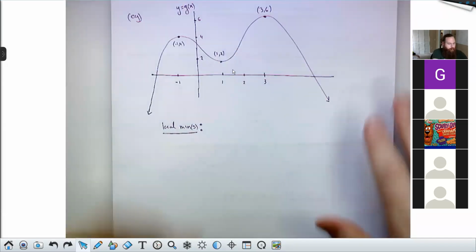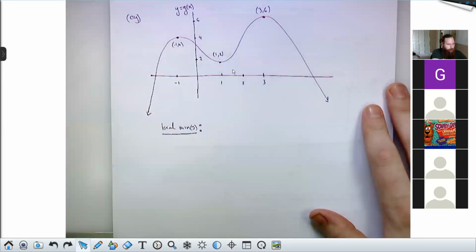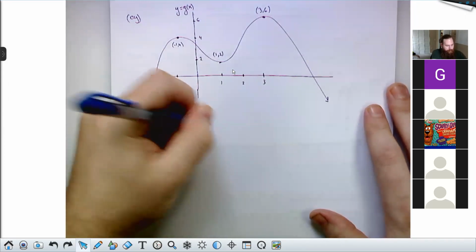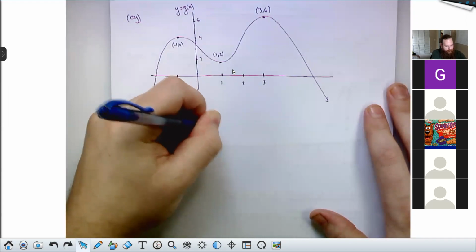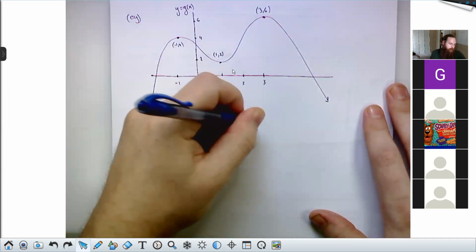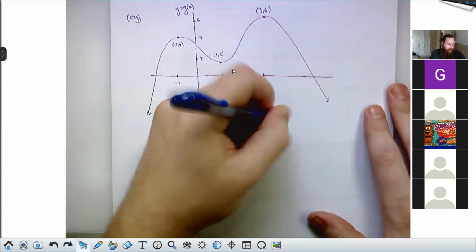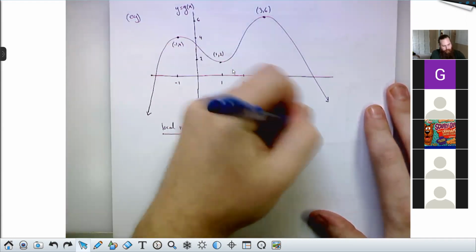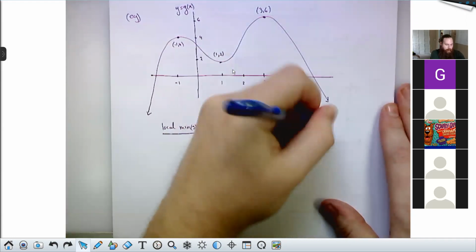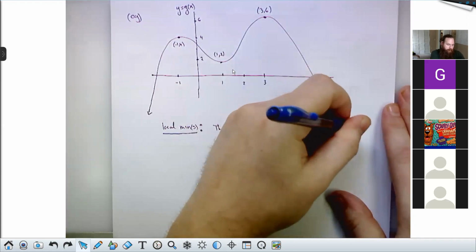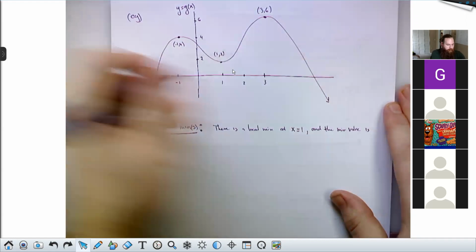So I have a local min at the point 1, 2. How would I describe that? I would say there is a local min at x equals 1, and the min value is 2.